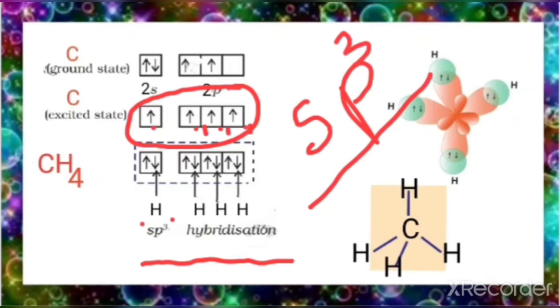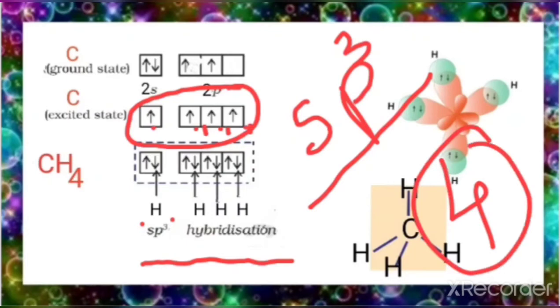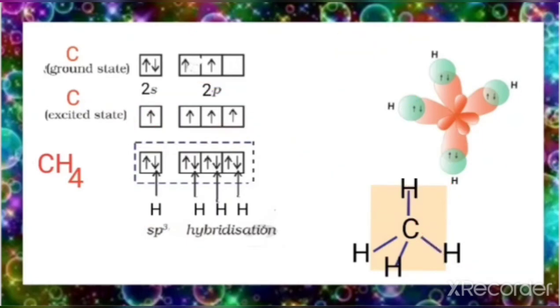So the total number of hybrid orbitals formed here will be equal to 4. Why is it equal to 4? 1s and 3p. When you make the sum, 1 plus 3, 4. So a total of 4 atomic orbitals are combining. So there will be formation of 4 hybrid orbitals.